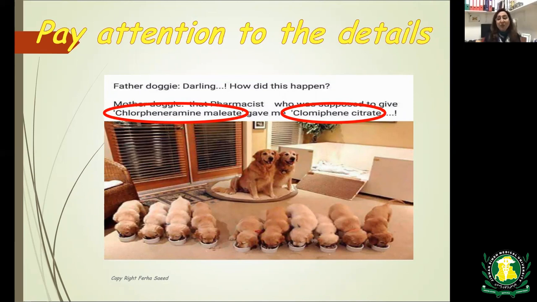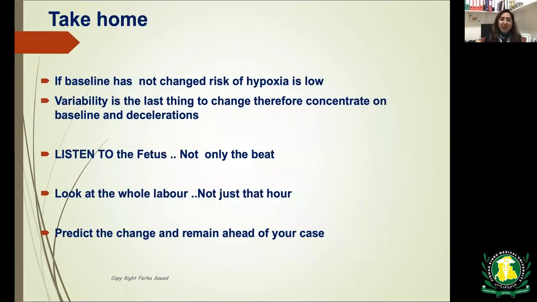So next time when you go to your labor ward, please use this knowledge to interpret CTG using the fetal physiology. So your take-home message is that if baseline has not changed, the risk of hypoxia is low because the baby has not released catecholamines. Variability is the last thing to change, therefore concentrate on baseline and deceleration.